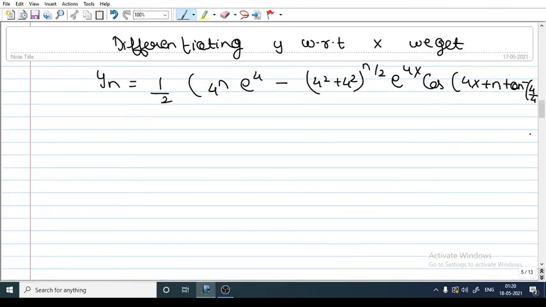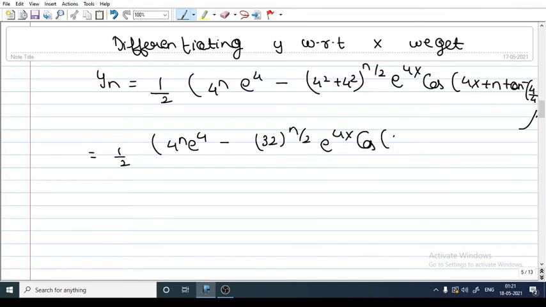Which you can simplify, and you will get your final answer: y_n equals 1 by 2 times [4^n e^(4x) minus 32^(n/2) e^(4x) cos(4x + n pi by 4)]. So this is the simplification.